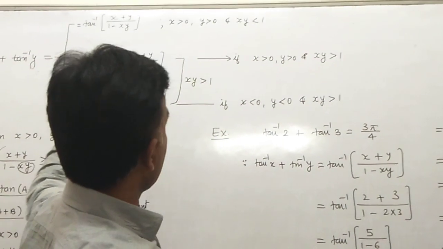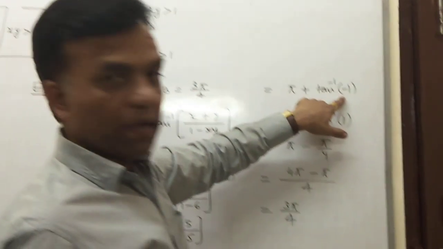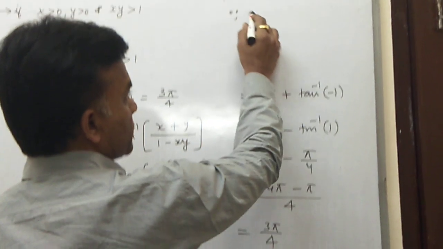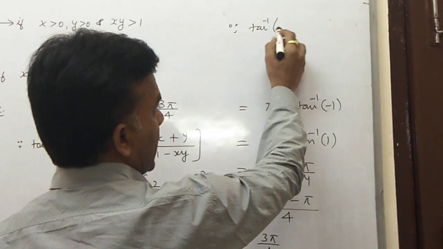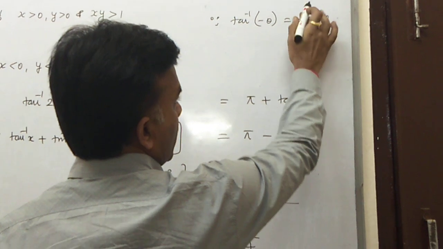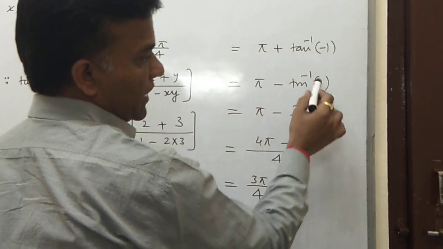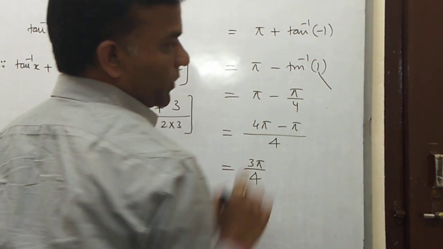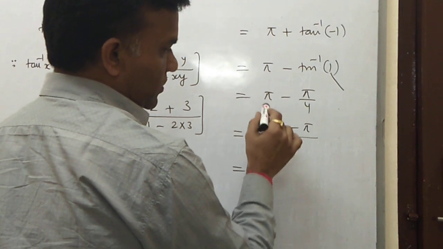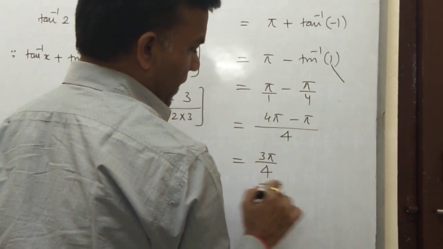So we use pi plus tan inverse of minus 1, and tan inverse of minus 1 we know because in the identity tan inverse of minus theta is minus tan inverse theta. So pi minus tan inverse 1. And now for the principal value, tan inverse 1 is pi by 4, so you write down pi minus pi by 4. And then after the LCM you have 4 pi minus pi upon 4, so you get 3 pi by 4, which is the required answer.